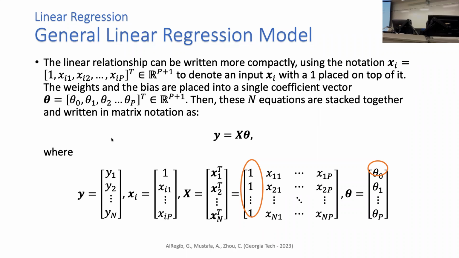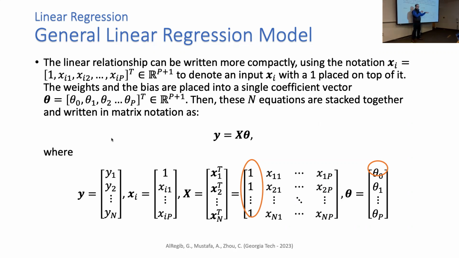And then I have the theta. I'm putting theta 0, and that's basically the reason I have these ones. Because I don't really want to write this as y equal to theta 0 plus x times theta. I want to write it just in one equation, one matrix. So now if you look in here, this is the x, and this is the theta. Every time I multiply this row by that column, I have 1 times theta 0.